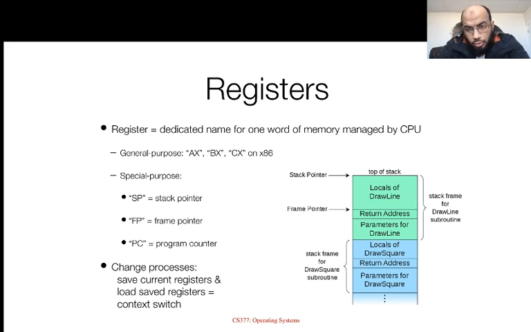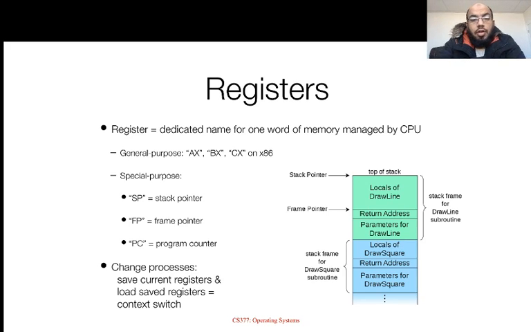One thing that we have been talking about a bit are registers, and a register is a dedicated name for one word of memory managed by the CPU. You have your normal memory, your normal RAM, but then the CPU itself has some memory, which is typically called registers. These include, for example, the base and bound registers that we were talking about. This is where the processor stores the base and bound registers for an application.